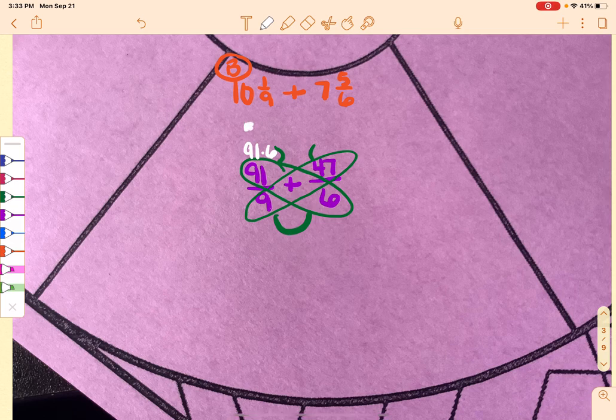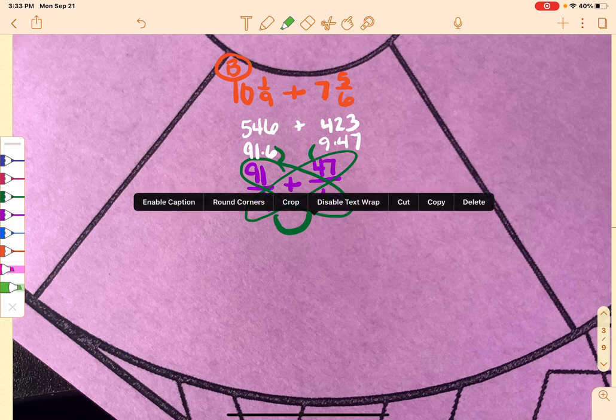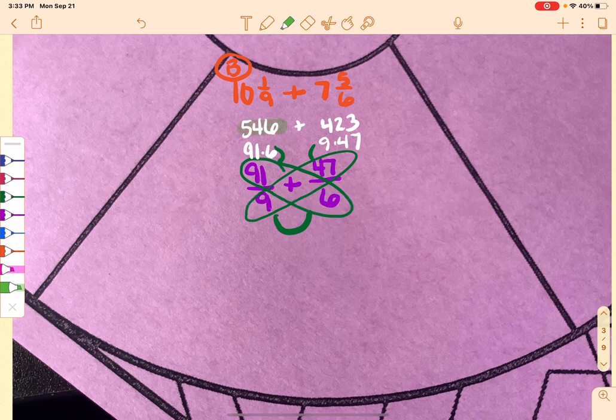So 546. If I go the other direction, I have 9 times 47, which will be 423. And I'm going to add these two together to get the top of my fraction.